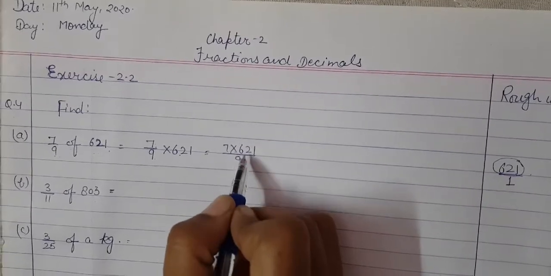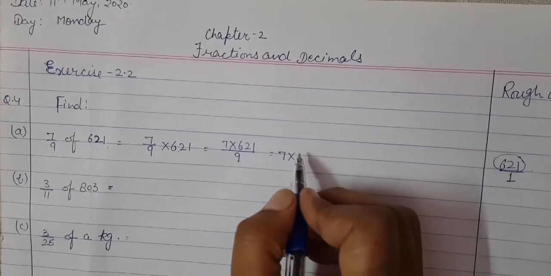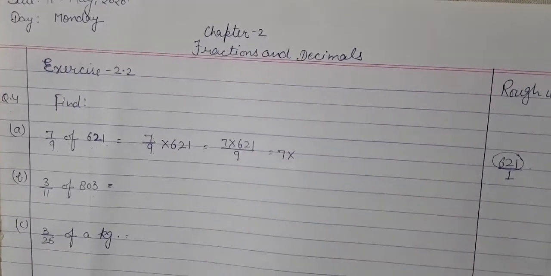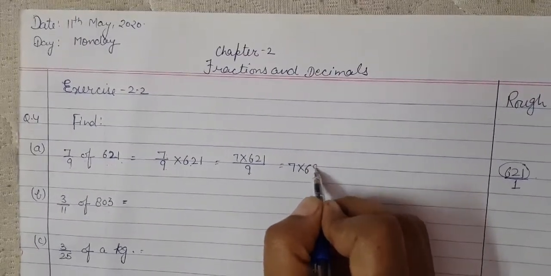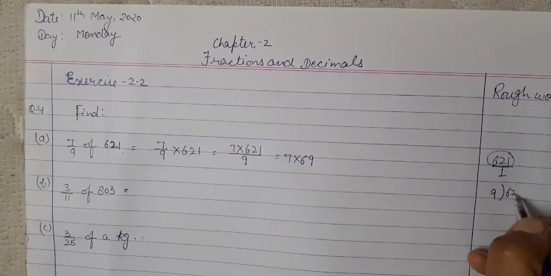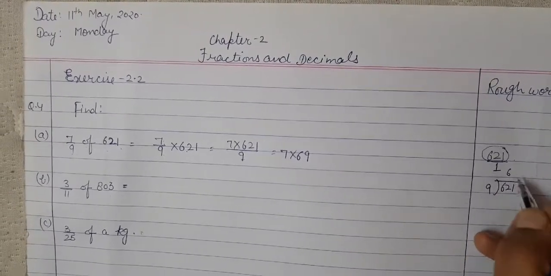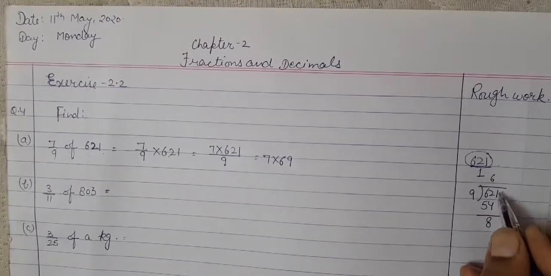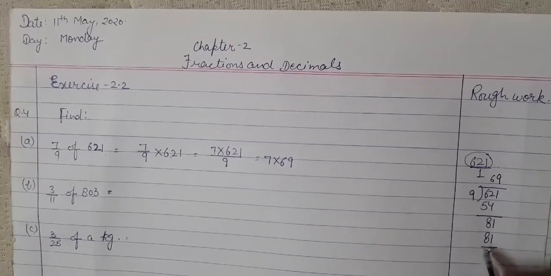Now if I divide 621 by 9, 9 6s are 54, remaining will be 8, 1, 9 9s are 81, no remainder now.